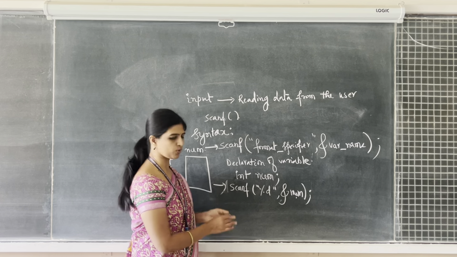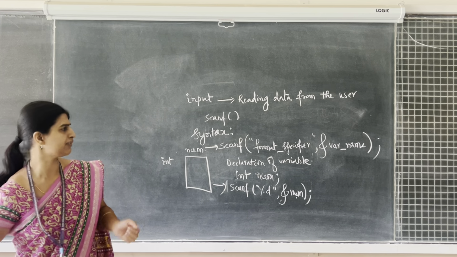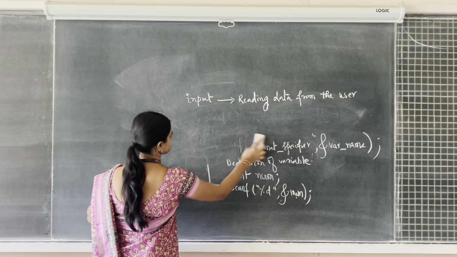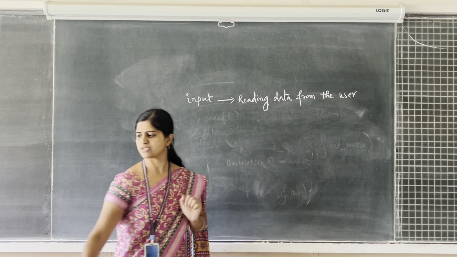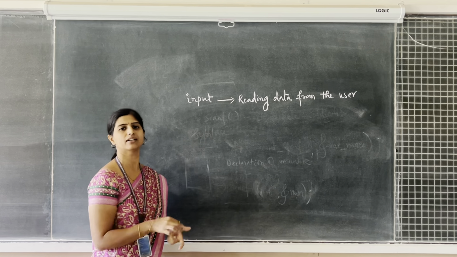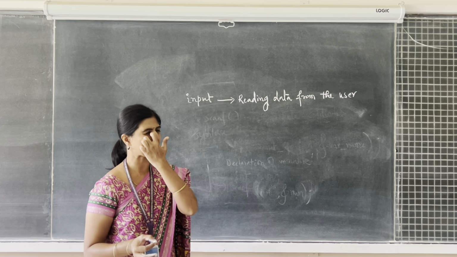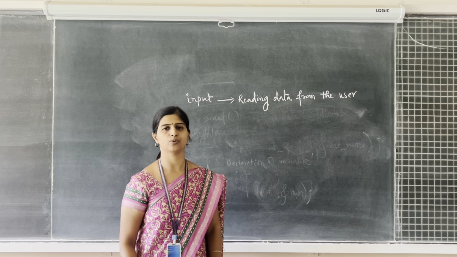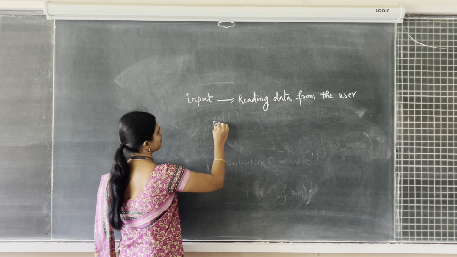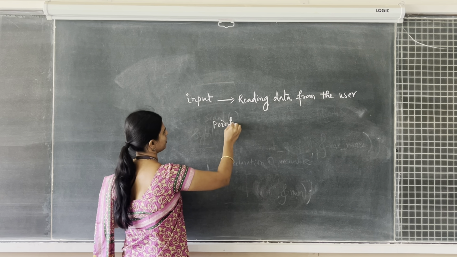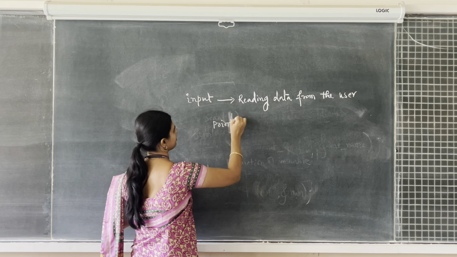Now let us move on to the printf function usage. How should I be using printf? Now we are done with the input operation. So how can I display anything to the user on the monitor? For that I make use of a function that is available in stdio.h, that is printf.